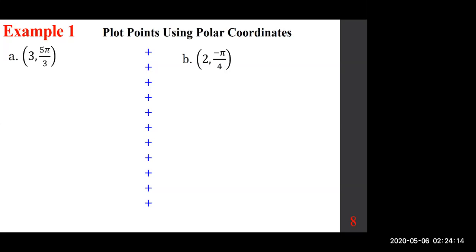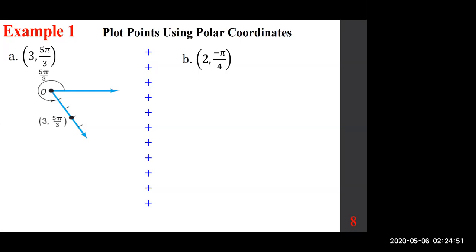Which quadrant is 5 pi over 3, class? If we were to go with the rectangular grid, it would put us in which quadrant? Anyone? First, second, third, or fourth? Fourth. So you have that, and how many tick marks? 3 of those. So that's how you arrive at it. Okay, very simple. It's really not a big deal.